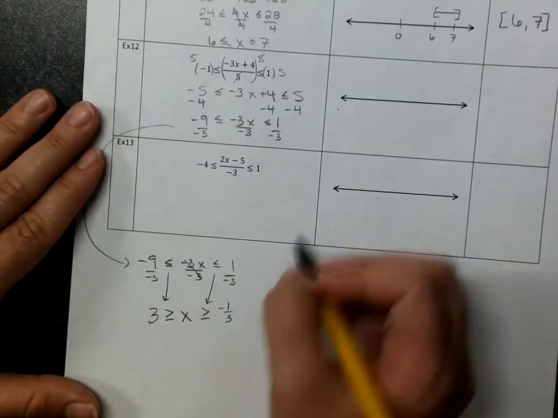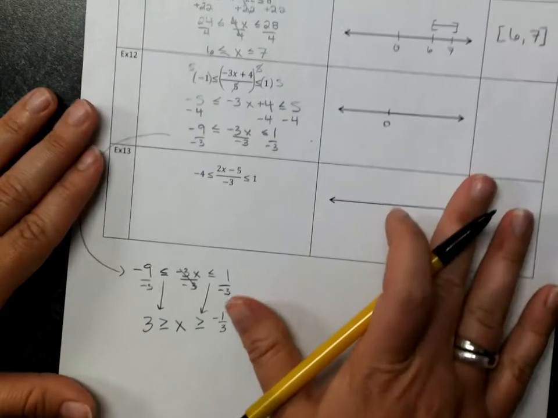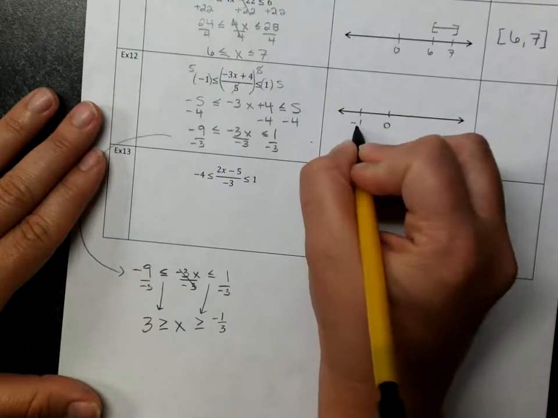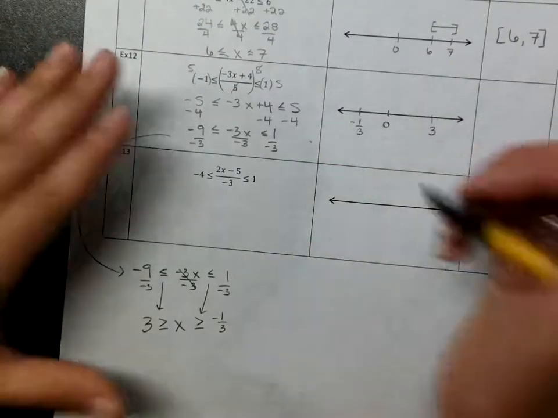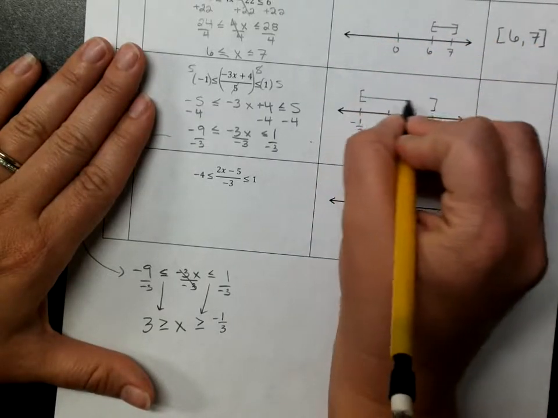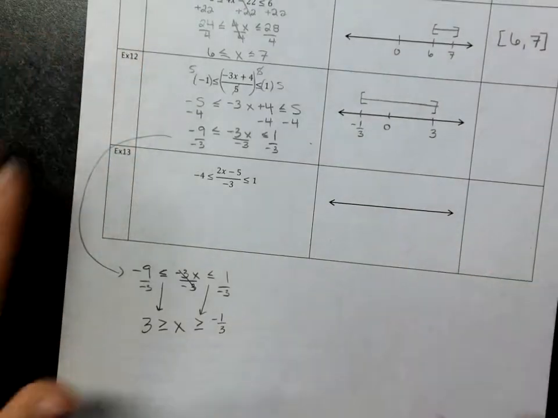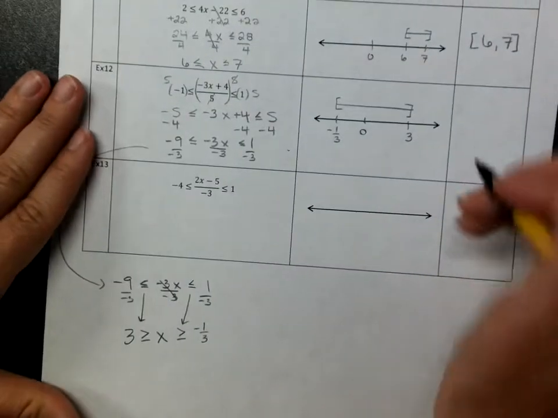So when we go to put this on the number line, we have to draw it proper to the number line. So negative 1/3 is over here, positive 3 is here. X is still between them, so we still put brackets facing each other, and they still connect. None of that changes. This is just funky looking because of the way the numbers worked out.